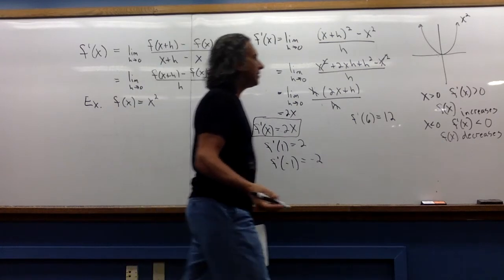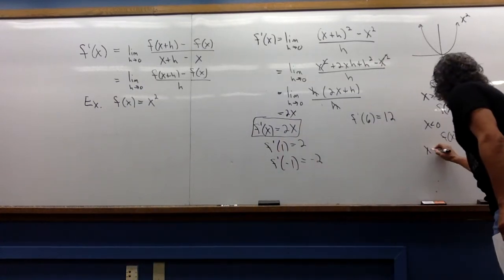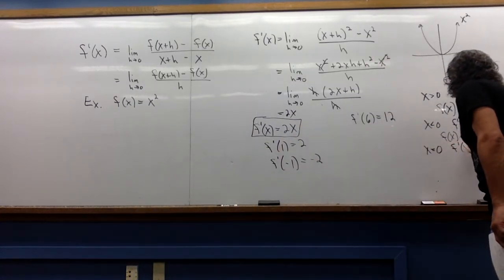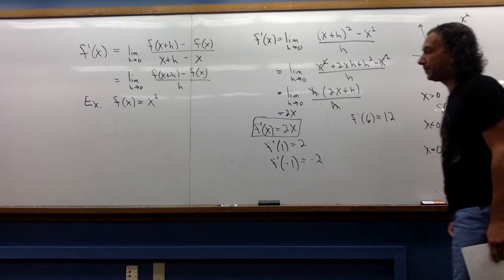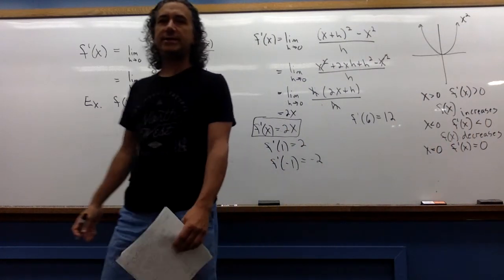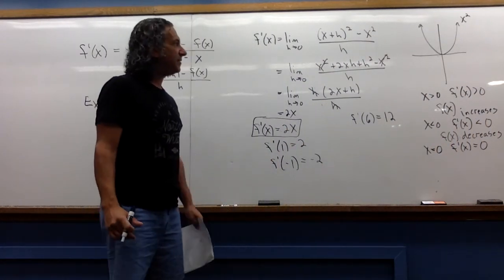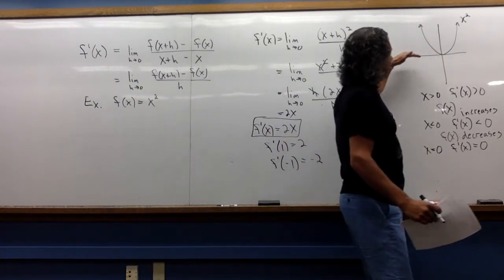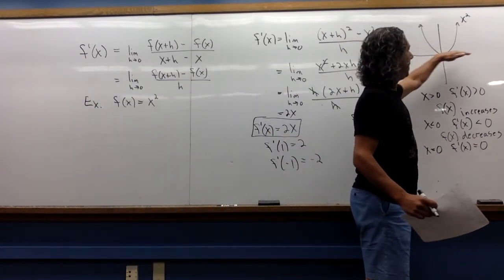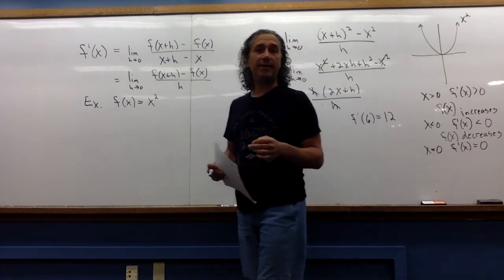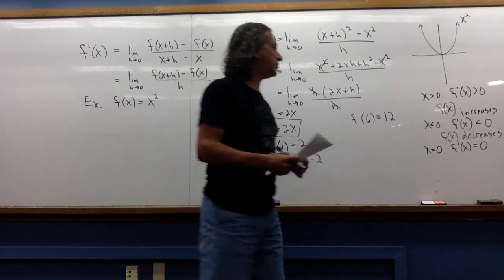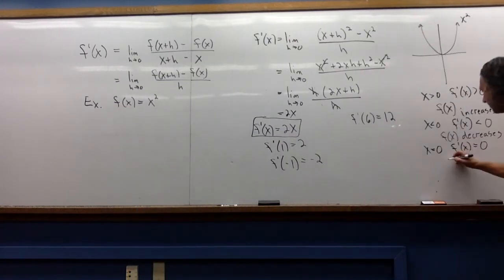And finally, if x equals 0, f prime of x is 0 as well. 2 times 0 is 0. And in this case, if you look at the slope here, we have a horizontal tangent line. And our function is neither increasing nor decreasing. But let me just say horizontal tangent line.